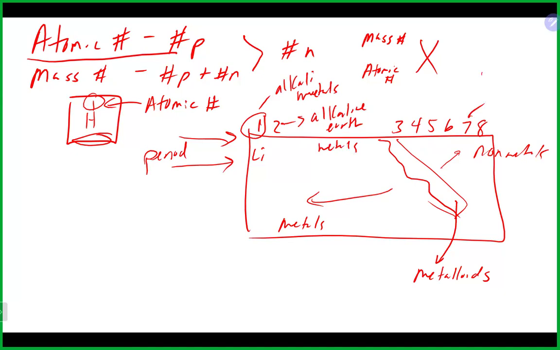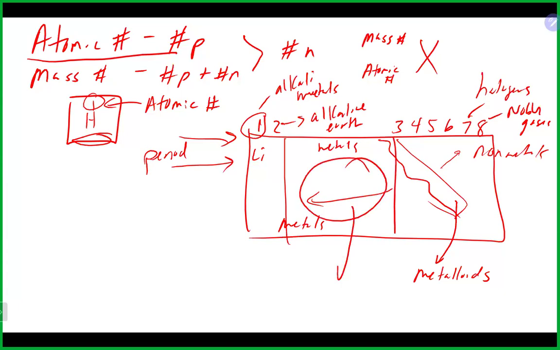Group 7 is our halogens, and group 8 is our noble gases. So again, you do need to know those groups, the group numbering, and where things are found. Transition metals are found between group 2 and group 3.